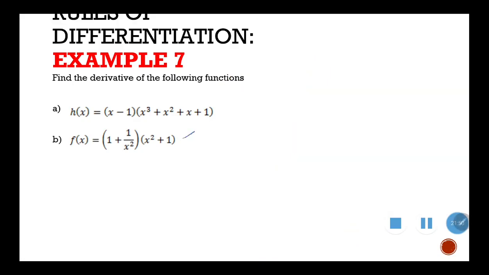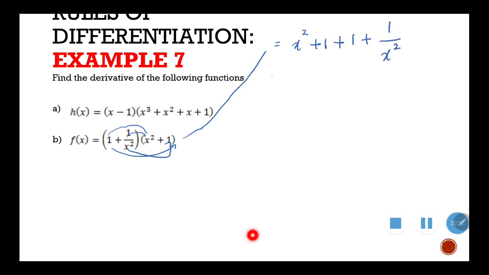Now we try example B. For example B, we can multiply it 1 by 1, because it will be easier that way. If you multiply it 1 by 1, you will get x square plus 1 plus 1 plus 1 over x square, which should be simplified as this.